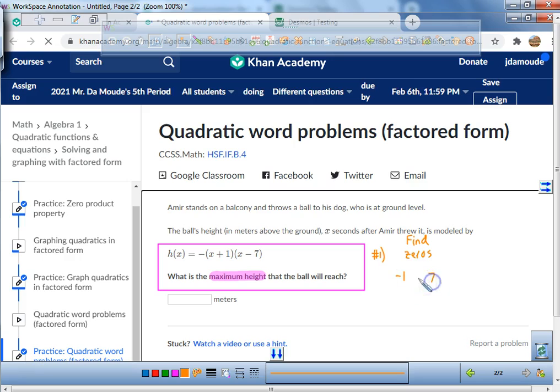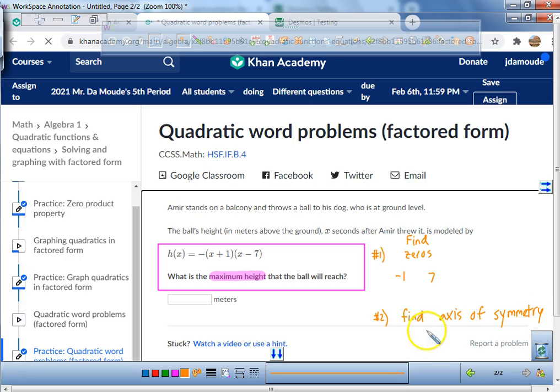And a 7. So guys, how do we get this? We plug in a -1, we get a 0. We plug in a 7, we get a 0. Now, after you find the zeros, I want you to add them together and divide by 2. So what we're going to do is find the axis of symmetry.